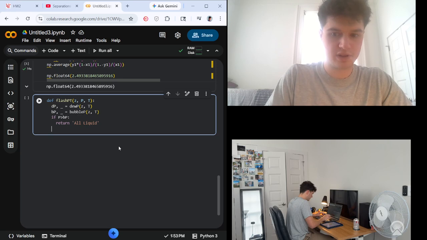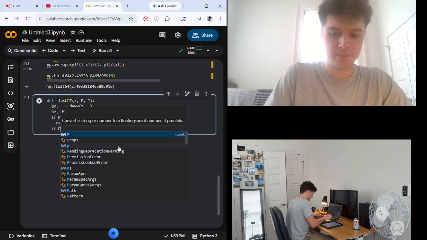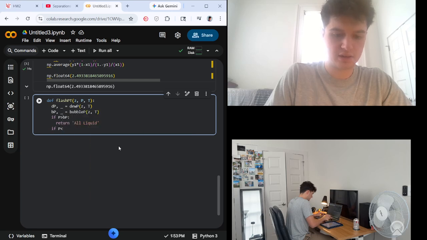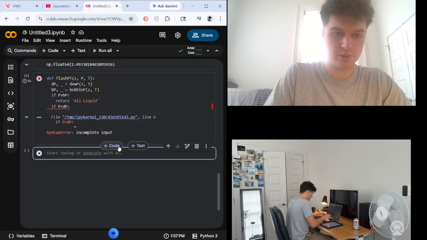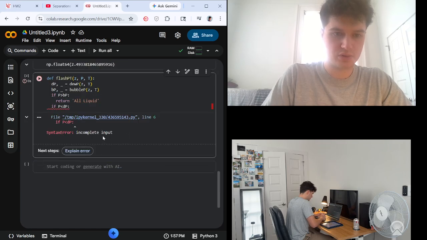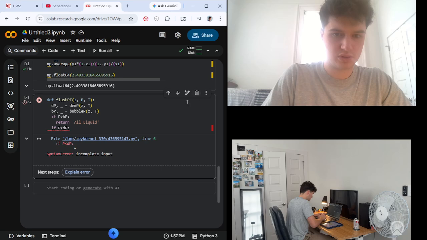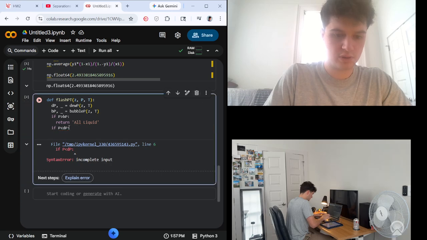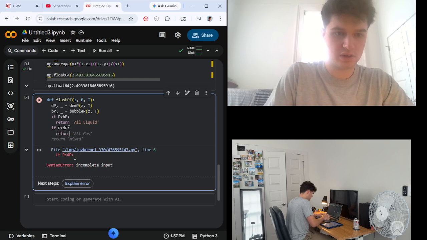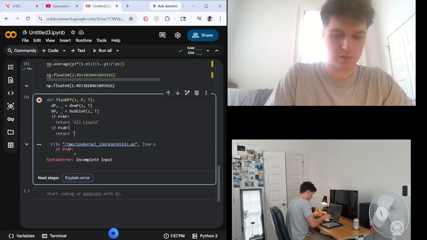So we're going to say if our pressure is less than our dew pressure, we need to return all gas.